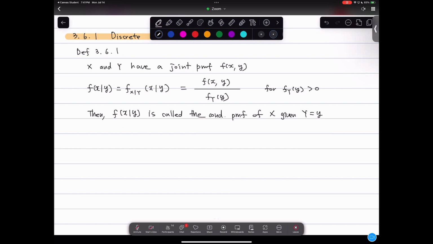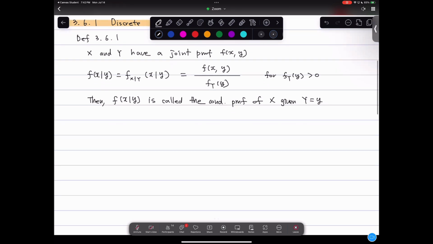All right. In a similar way, we can go f of y given x. We may write it with subscript y given x. So in that order, now it becomes the joint on top, and your denominator is out of all the x's, so that's the marginal of x, f of x.